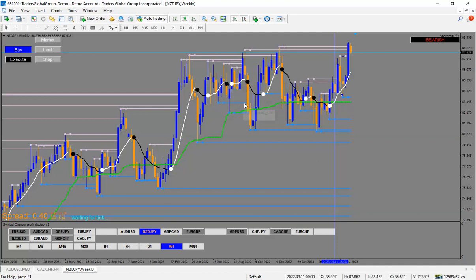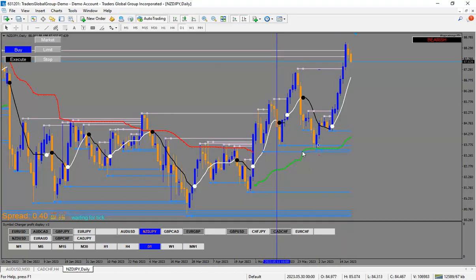I had an entry here. Price came down, took me out for a stop loss, came back down, closed above, revisited this entry and went up, right? So I took the weekly trades over here, and I'm not sure I had daily trades. I took the daily trade here. I had a daily trade as well over here and it went up.